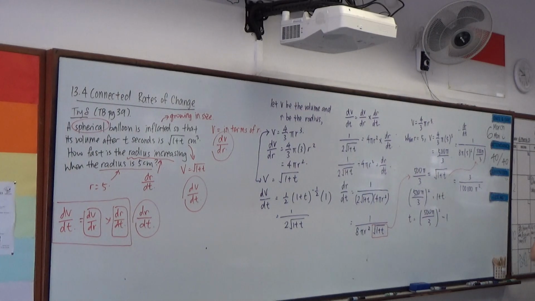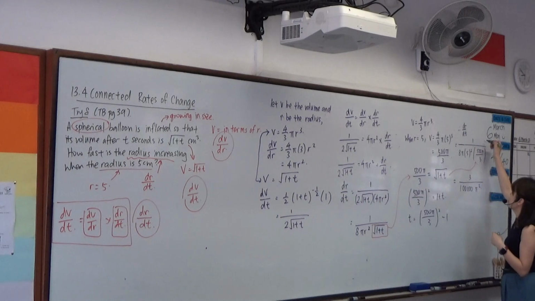But I don't know what kind of situation you will be faced with, that's why I want us to practice leaving things in exact as well. So what you have to do is take 1 over 8, 5 squared, 500 over 3, and press it in your calculator. The pi, you leave out of your calculator. So pi times pi will give us pi squared. We know that it must be in the denominator. Pressing 1 over 8, 5 squared, 500 over 3, you will be able to get a fraction of 3 over 100,000.